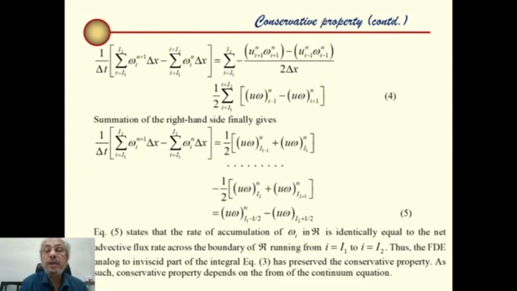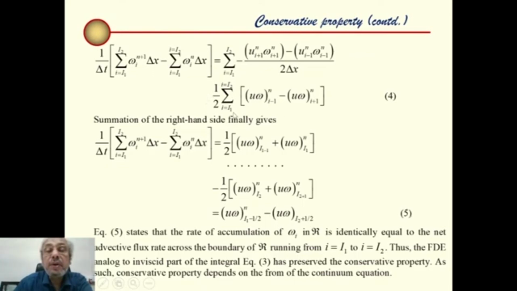So again, a little repetition. This is the conservative formulation, and in the conservative formulation the final expression of the left hand side is equal to this. I said that I had missed the equal to sign in front of this expression.